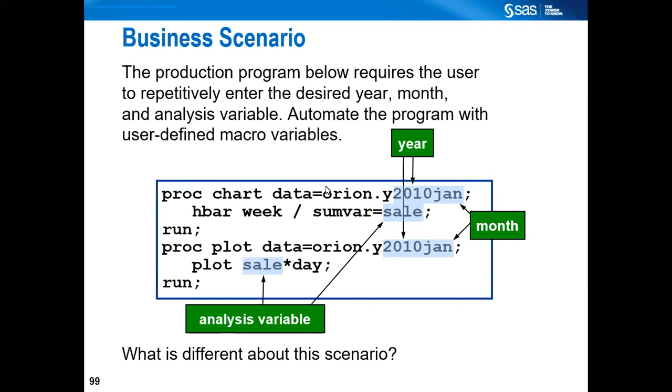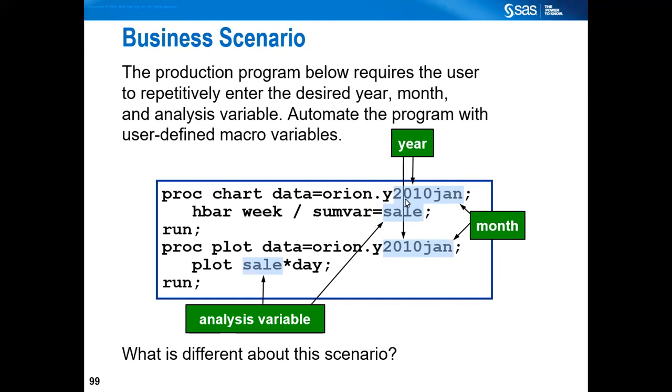If you look at this program with the highlighted areas, you're creating a PROC CHART on a dataset Orion.Y2010Jan, and you're using this dataset again in a plot. You're creating a chart out of this table.